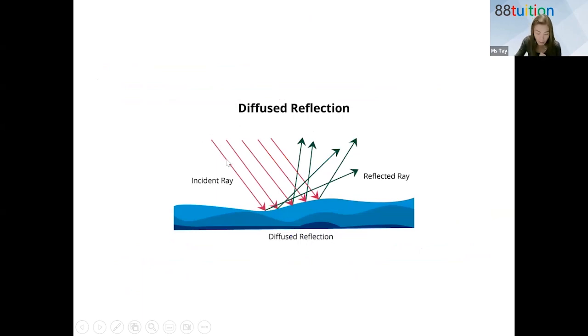The incident ray that comes in gets reflected this way. The second ray that comes in hits the surface and gets reflected. The third one, same thing happens. Because the surface is irregular, the reflected rays are all pointing in different directions.